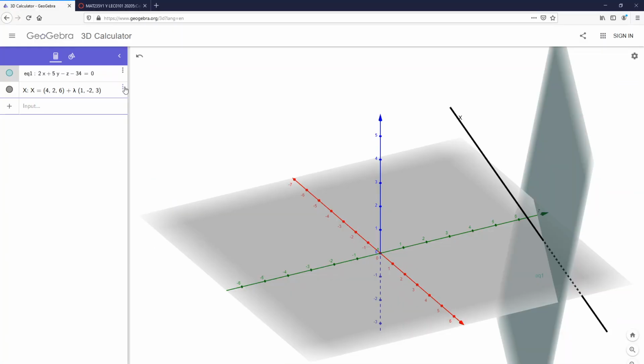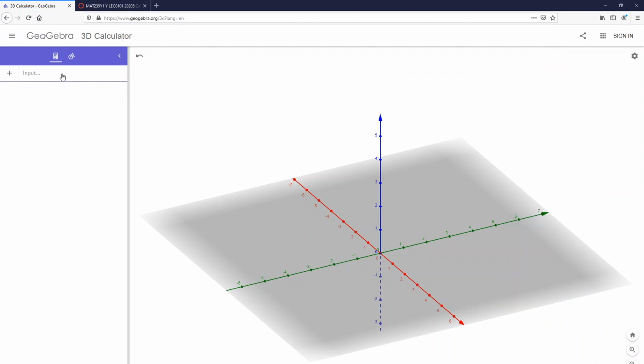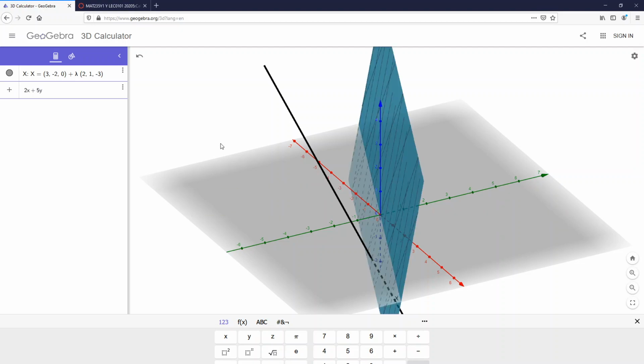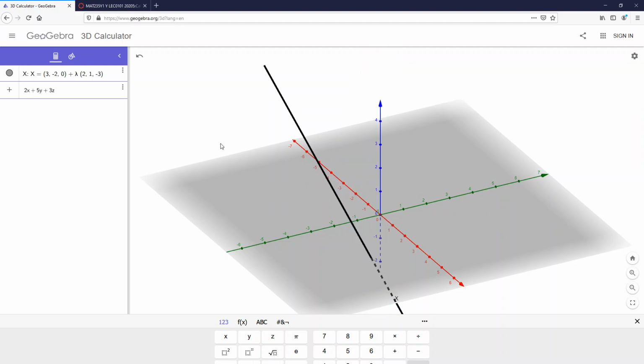Okay, so now we'll actually graph this so you can see what's happening. So this is the line, and then the plane is 2x + 5y + 3z + 4 = 0.